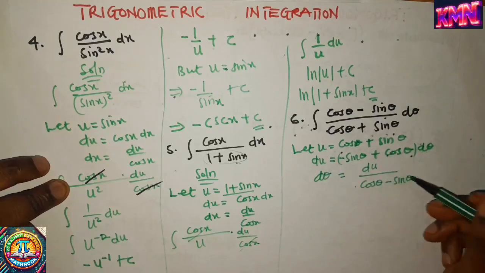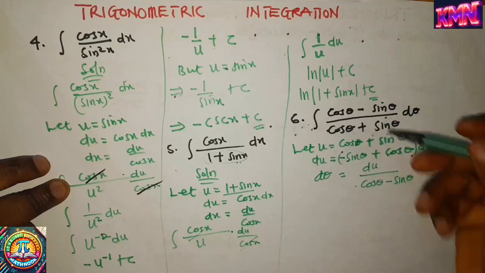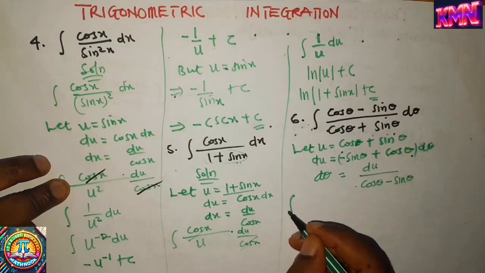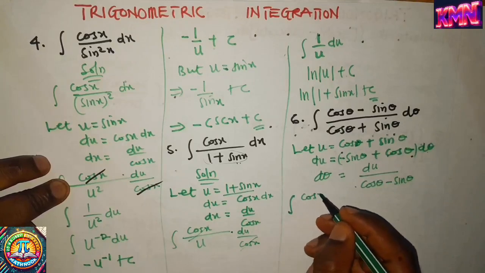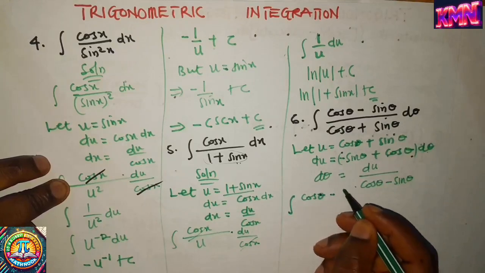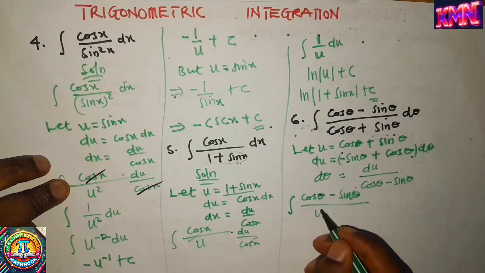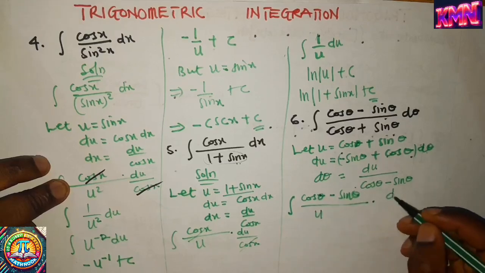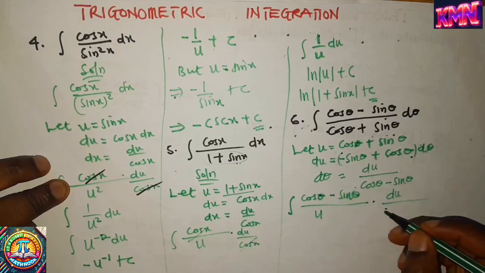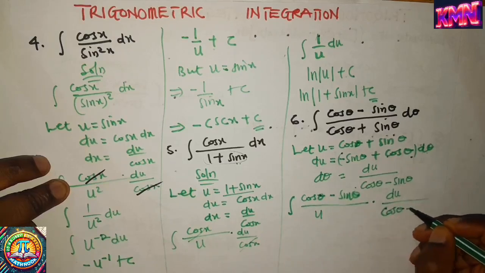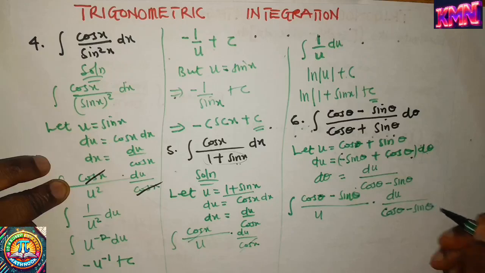I've rearranged it. So substituting everything into this, we're going to have the integral of cosine of theta minus sine theta all on u times du on cosine of theta minus sine theta.